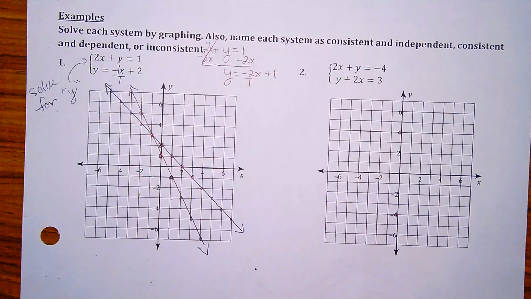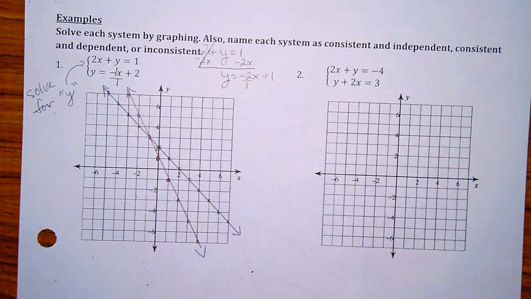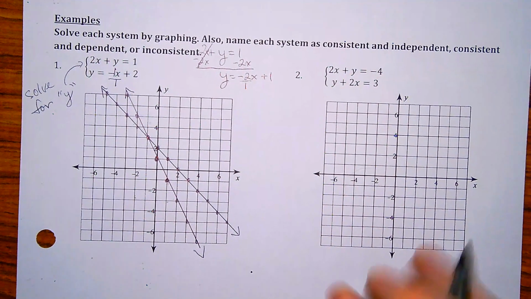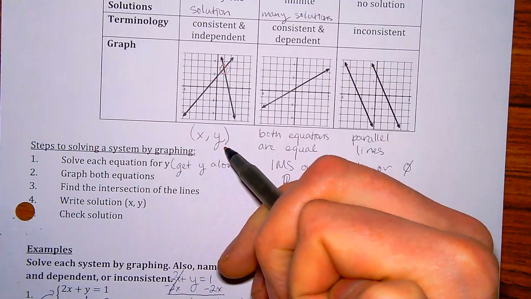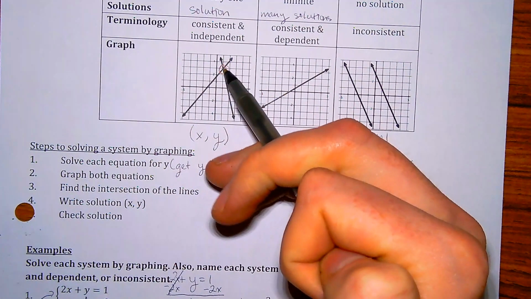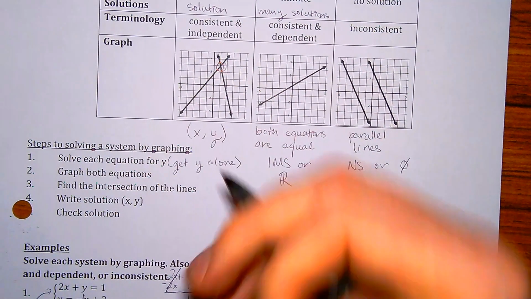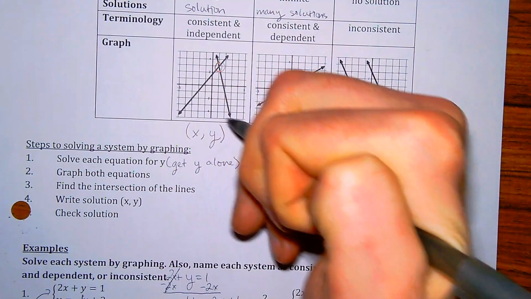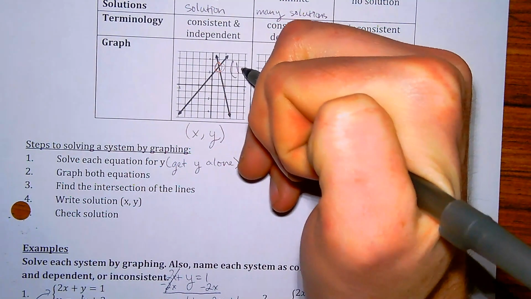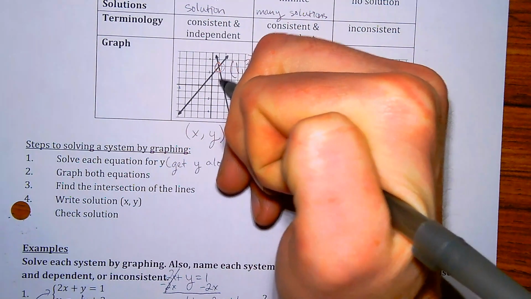Now what it's asking us to do is solve the system by graphing. Solving means getting a solution. If you can remember, over here, (x, y) is how we wanted to have our solution, and that intersection point was what that (x, y) was. So for example here, they intersect at the point (1, 3), right? 1 in the x direction, 3 in y.